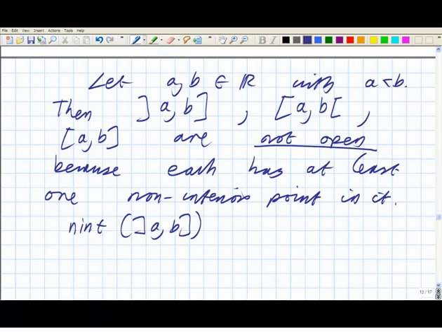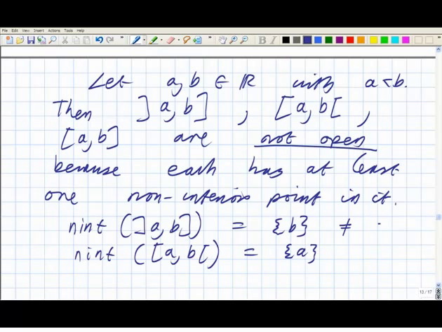So just to specify a little bit more, the interior of (A, B] is just the point B, because A is not in the set, so it doesn't count. But the other one, which includes A but excludes B, has just got one non-interior point at A. Of course, these sets are non-empty.